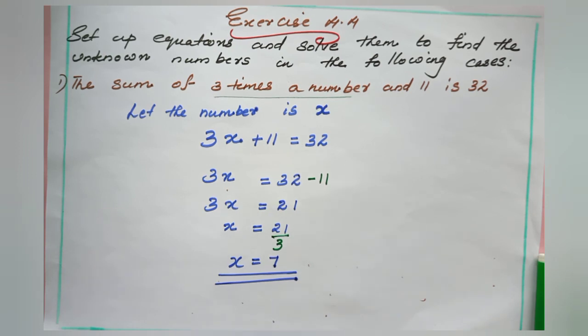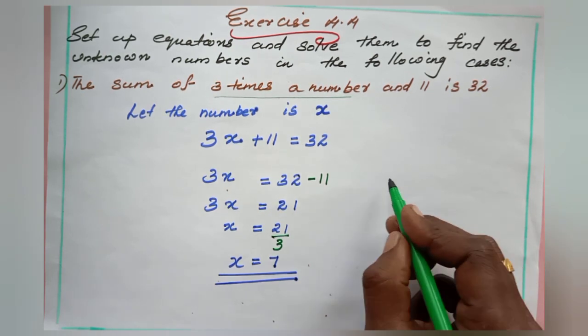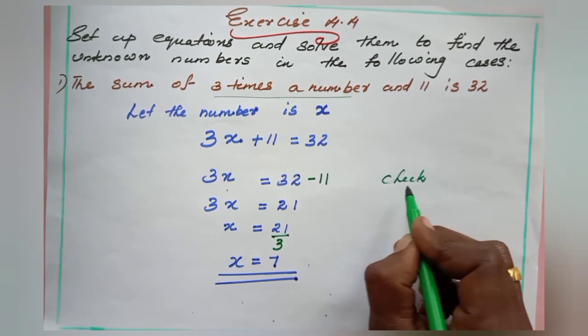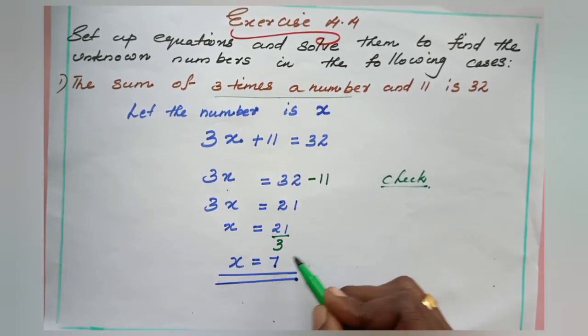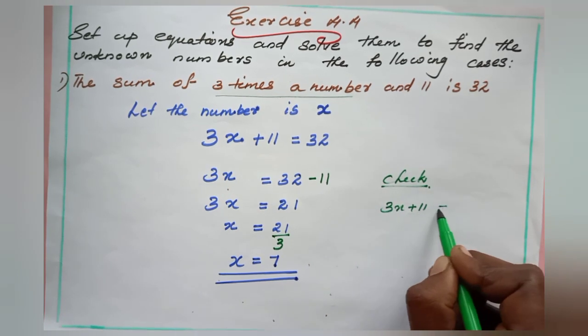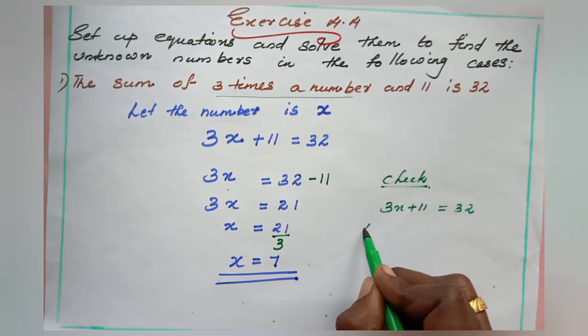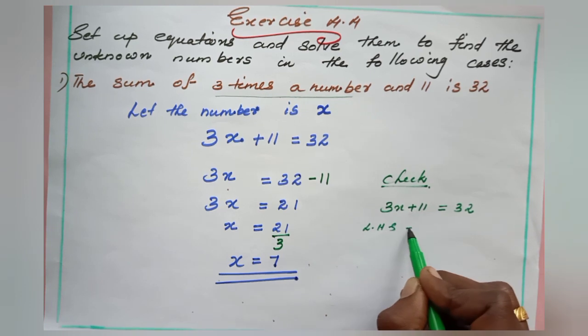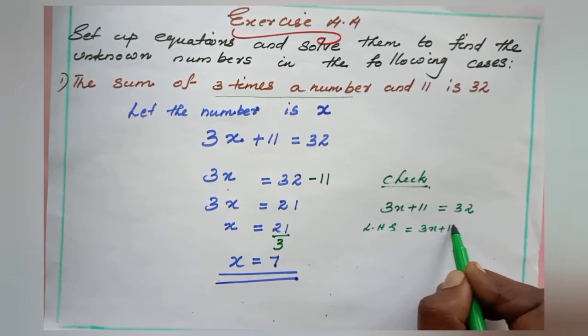Check whether this answer is correct. To verify, substitute in the equation 3x plus 11 equals 32. Take the LHS, which is 3x plus 11.